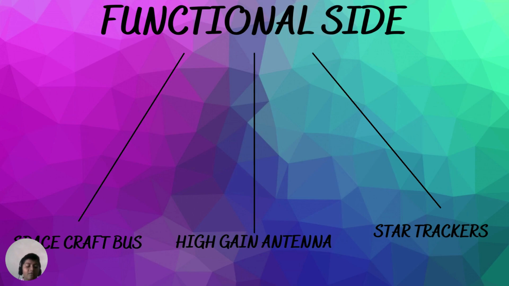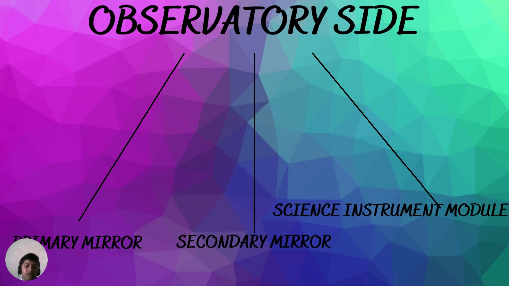The high-gain antenna will send the signal to the control room, and the control room will receive the signal, and vice versa. The spacecraft bus contains the spacecraft essentials, and the star trackers will ensure that the James Webb Telescope is in its place or not.